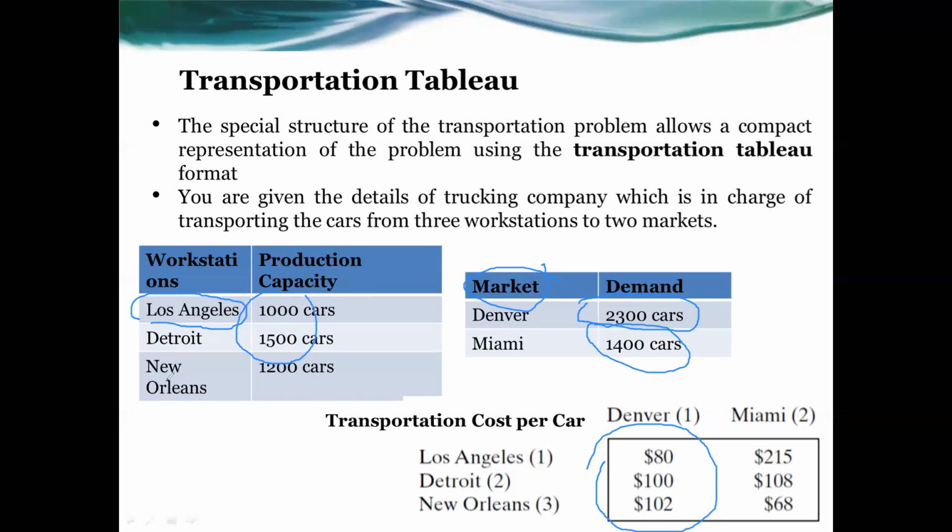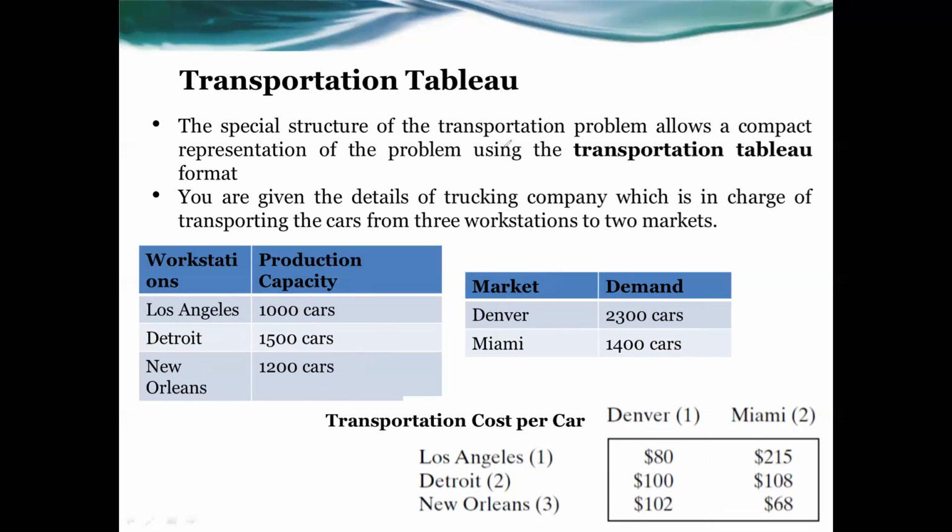And for New Orleans, we have 1,200 cars. Whether we can fulfill the Miami demand, or whether we can use these 1,200 cars to fulfill the Denver market demand, that is the decision we have to take from the transportation problem.